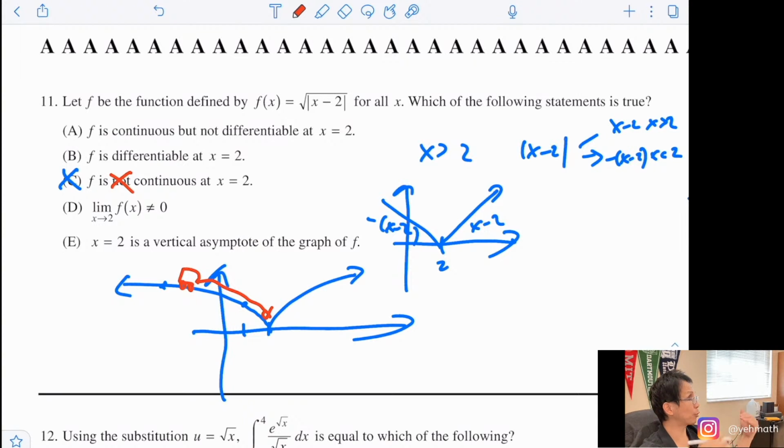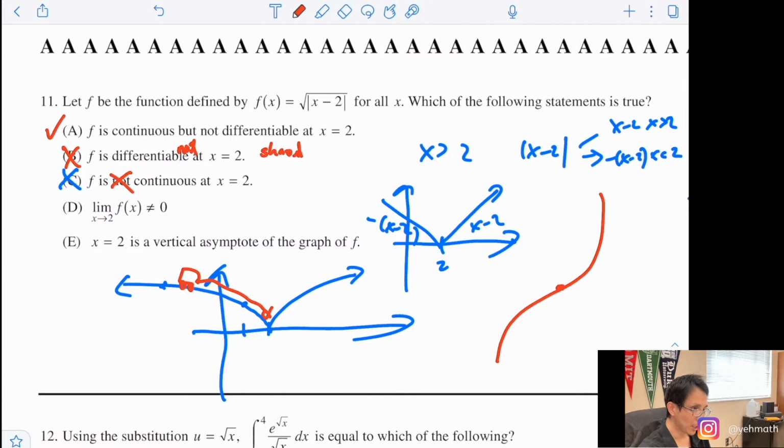They're not smooth. They have a drastic change of slope. This is smooth, right? The slope on the left equals the slope on the right all the time. No sharp turns. A sharp turn is not differentiable. In this case, it's a sharp turn, so it's definitely not differentiable. It's continuous but not differentiable.